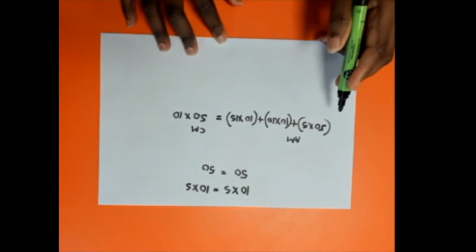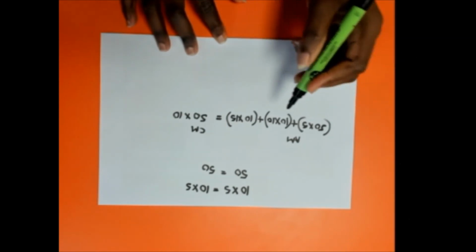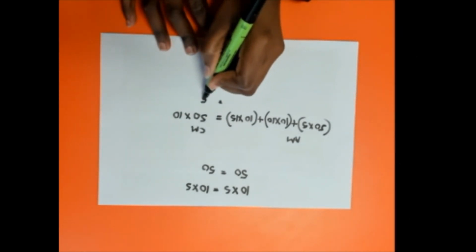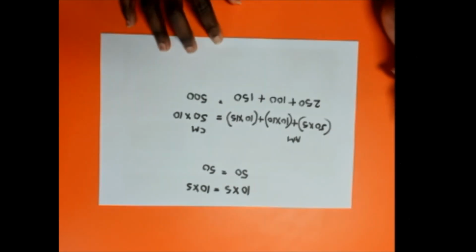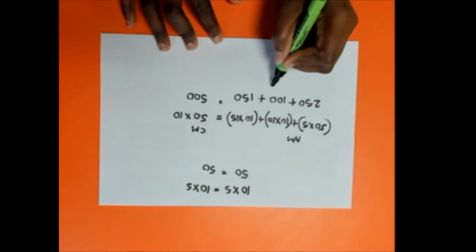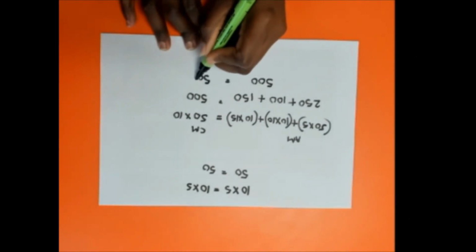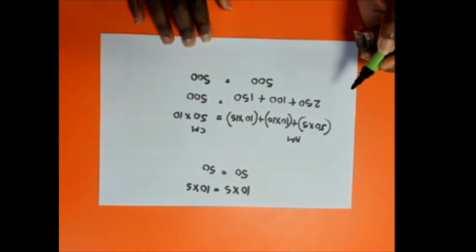And what we would notice is that the clockwise side is equal to 500, and the anti-clockwise side is 250 plus 100 plus 150, which is also equal to 500.